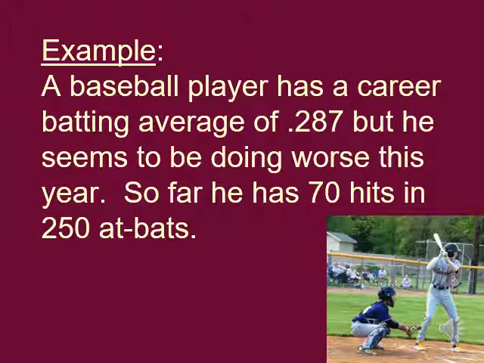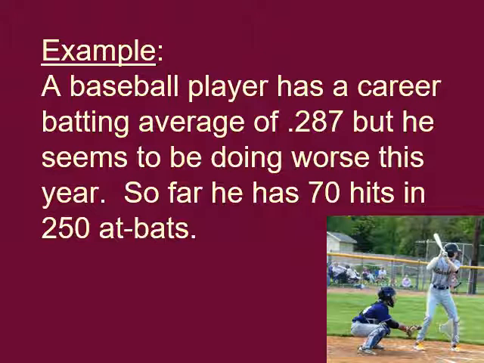So this time what we're going to look at is an example that comes from baseball. It says a baseball player has a career batting average of .287, but he seems to be doing worse this year than in the past. So far he has 70 hits in 250 at-bats. Even though we call it a batting average, what a batting average really is a percent.